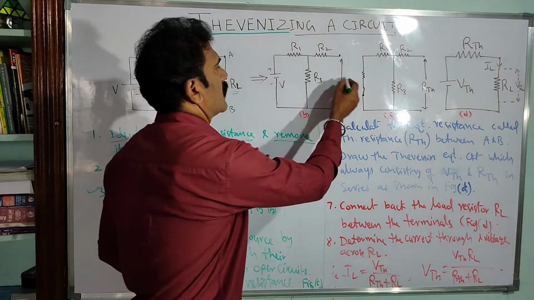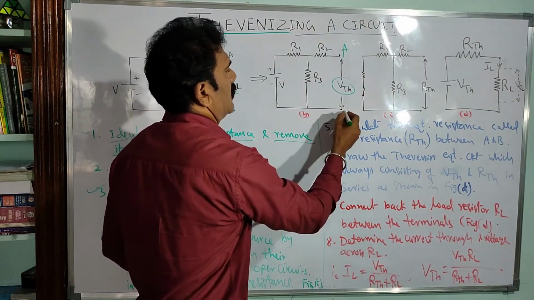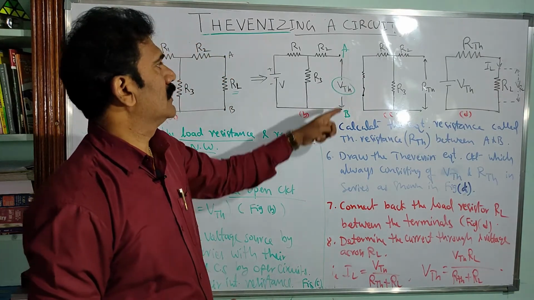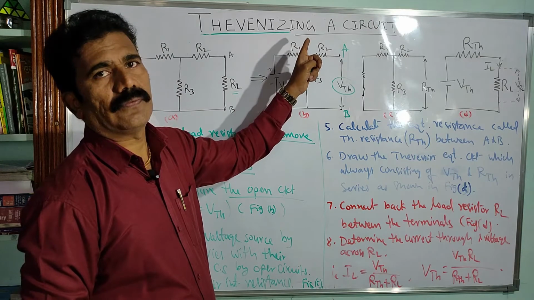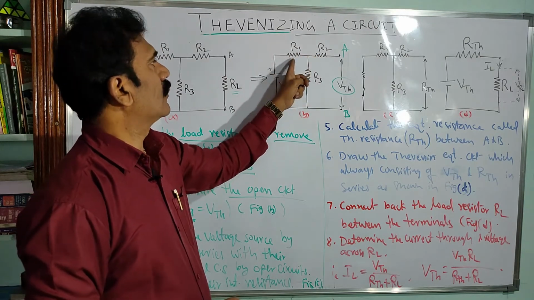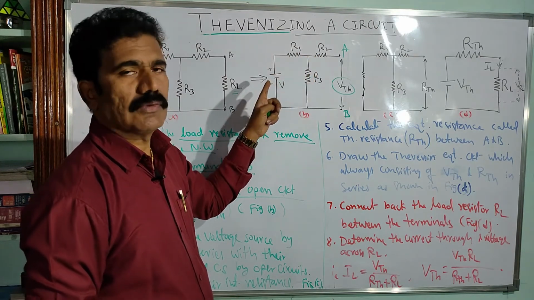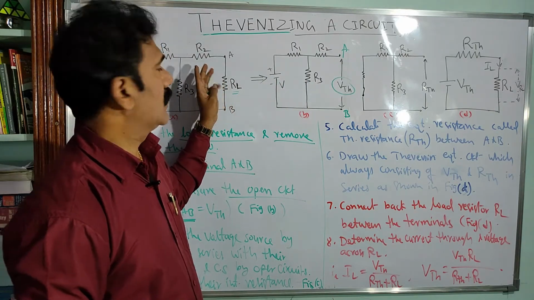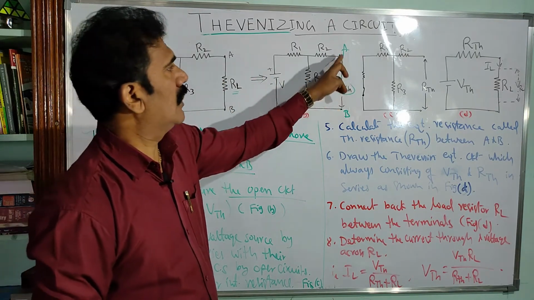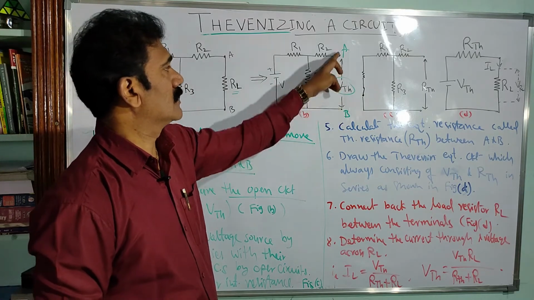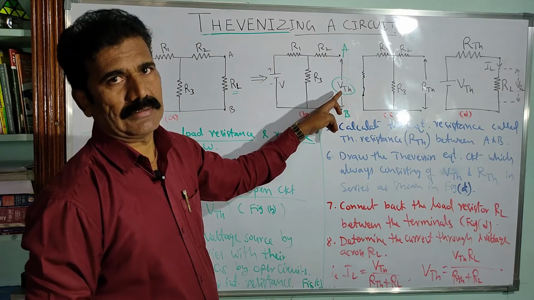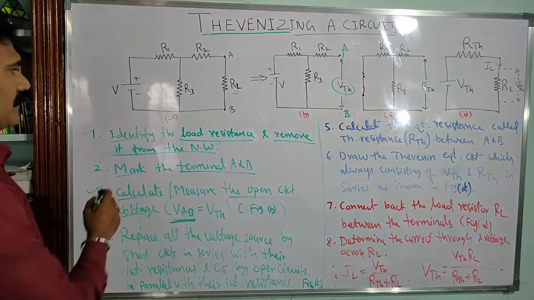That voltage across the terminals A and B is called Thevenin's voltage of the given circuit. I am not removing anything here. R1 is there, R2 is there, R3 is there, the given voltage source is there as in the original circuit. Only by removing the load resistor, across the open terminals, I am measuring the Thevenin's voltage here. Clear? So that is the next step.